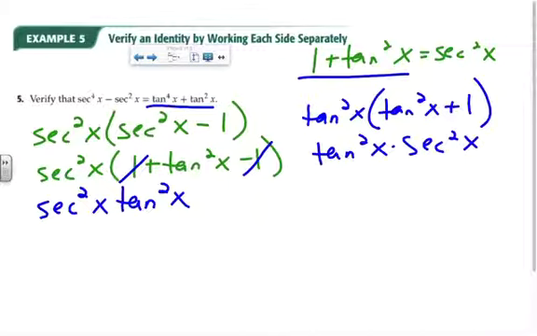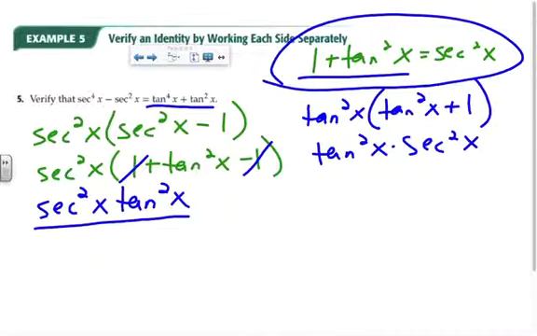But I can't stop here. I'm not done until I've taken one side of the equation and made it match the other. The reason why we work both sides separately, however, is if you didn't look at this and already realize that you're going to use this trig identity again in order to kind of translate this secant stuff into tangent stuff, then the process of working the right-hand side out helps us maybe get the idea.